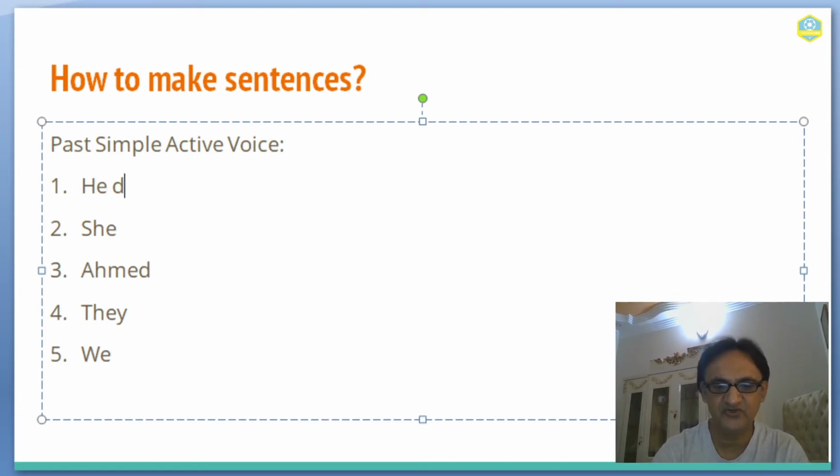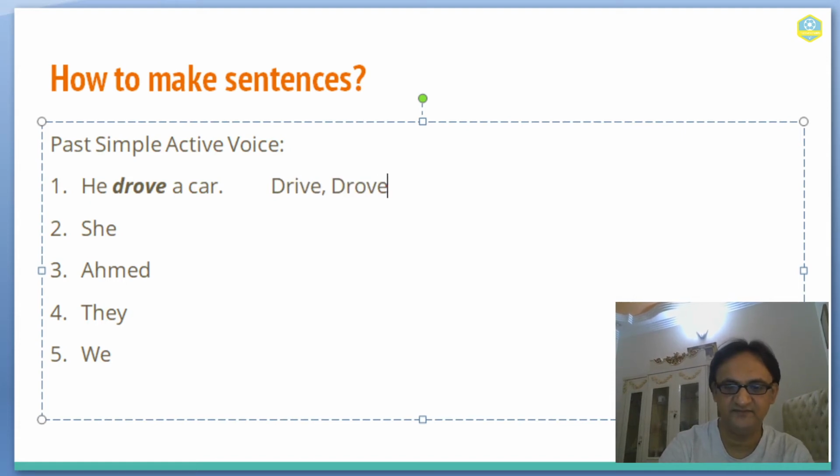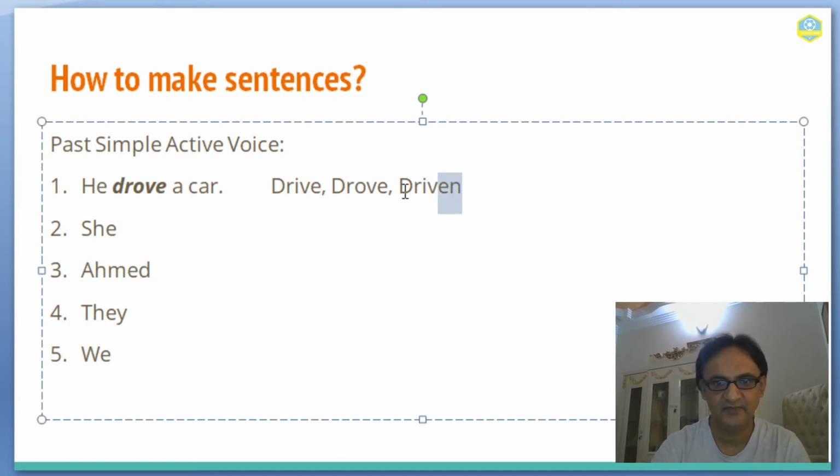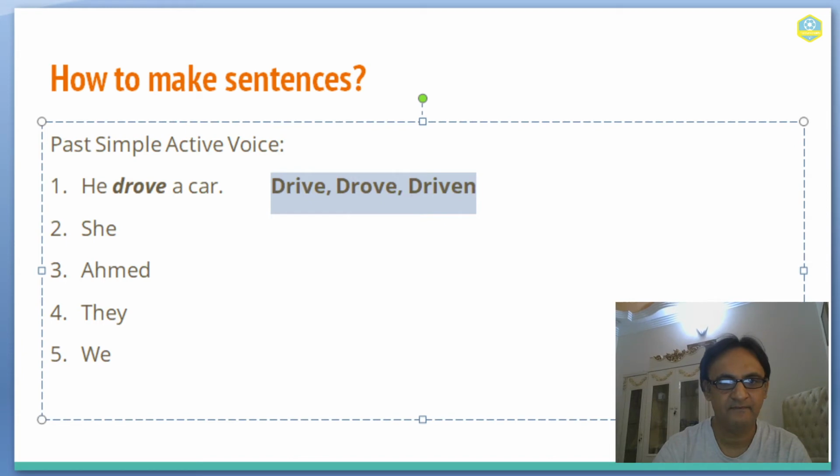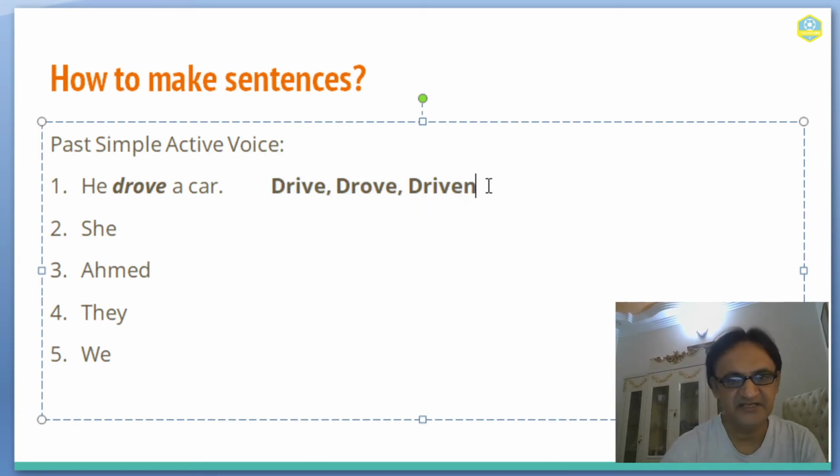He drove a car, right? So drove is the second form of drive. So we can see here drive, drove, driven. You also have to make a strong command of action verbs.